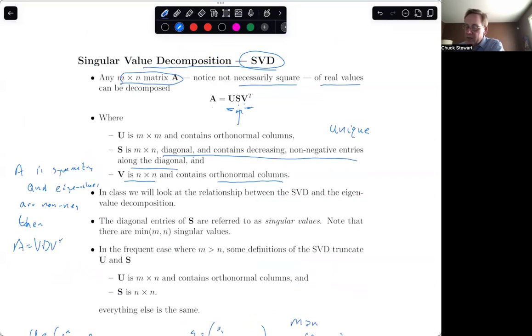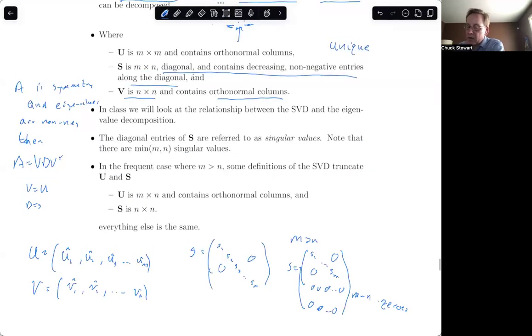Then we have V equals U, and D equals S. Let's call this 1 and this 2.